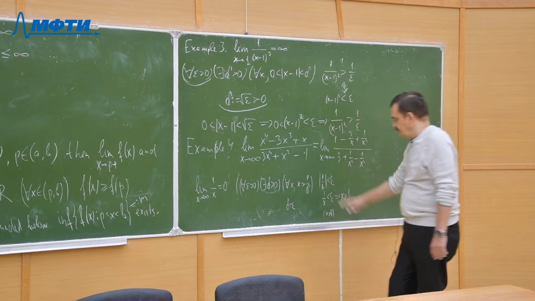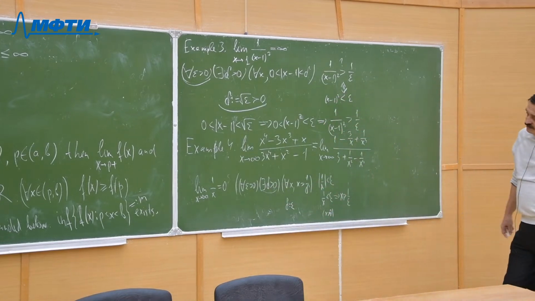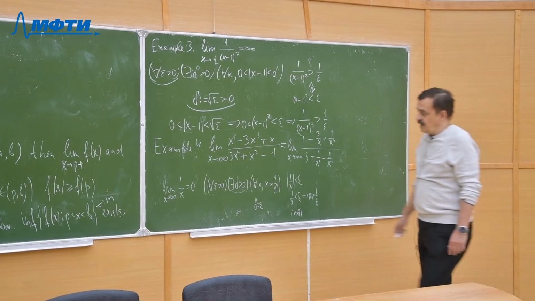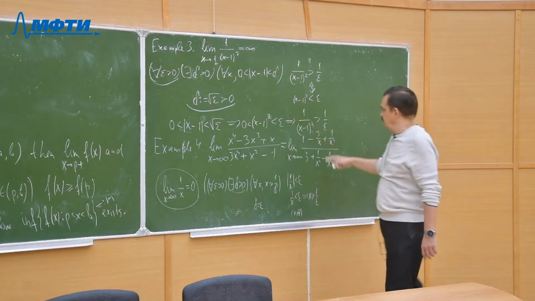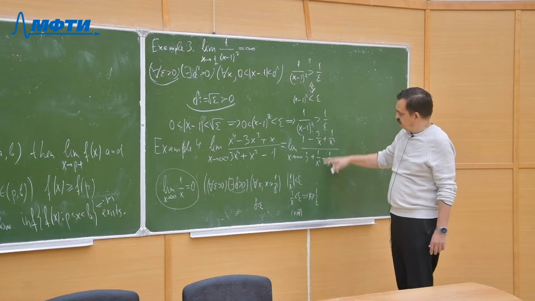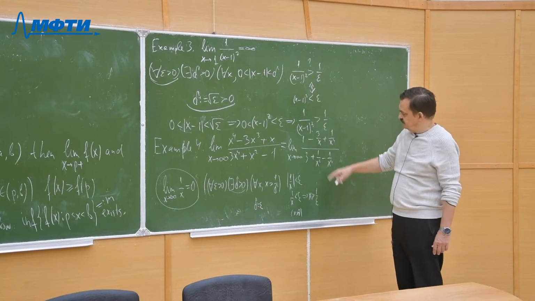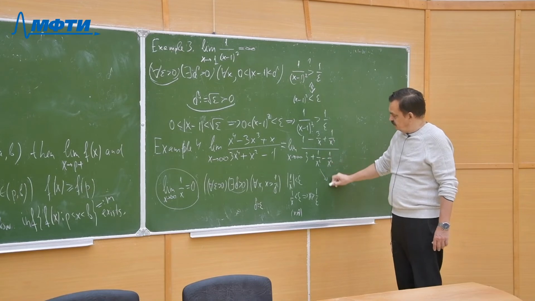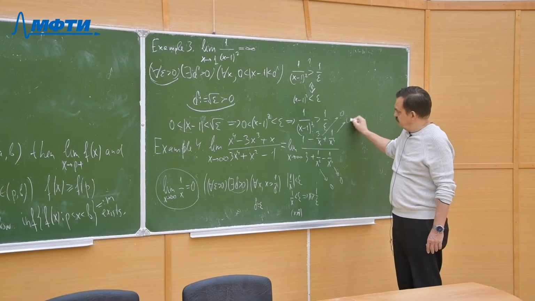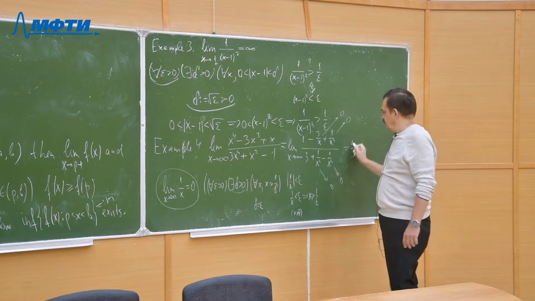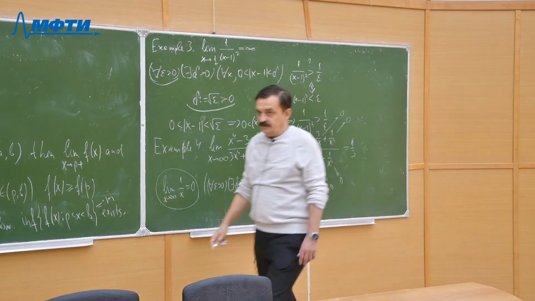So the choice of delta equal to epsilon guarantees this inequality, and then we use arithmetic properties of limits. So these terms tend to 0, and altogether 1/3 is obtained.